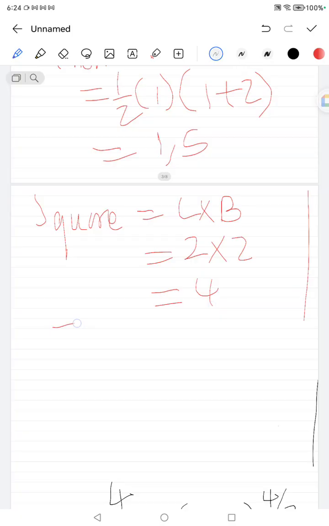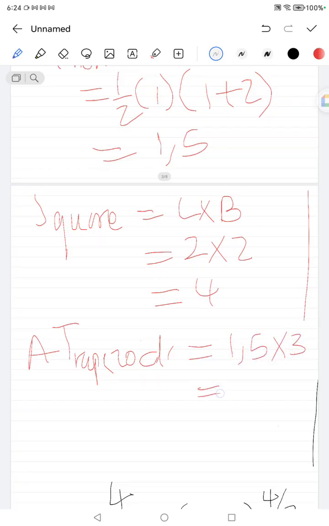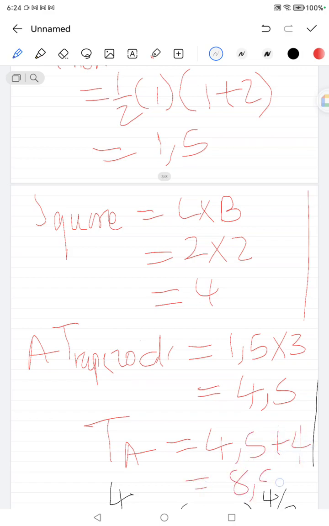Then remember the area for the trapezoid gave you 1.5, but there were 3. So your 1.5 times 3 gives you 4.5. So the total area would be your 4.5 plus your 4, which gives you 8.5.